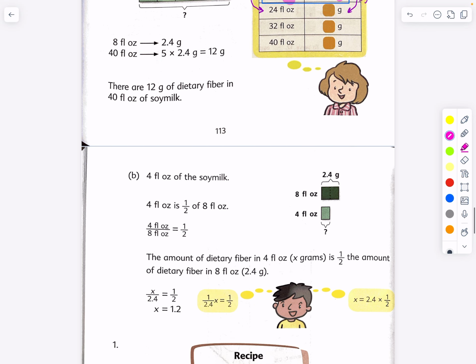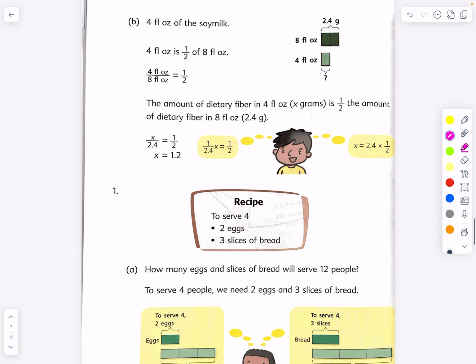Let's take a look at a different type of question, very similar, just different. What about dietary fiber in 4 ounces of milk? We were given that 8 ounces provides 2.4 grams of fiber. What about 4 ounces?